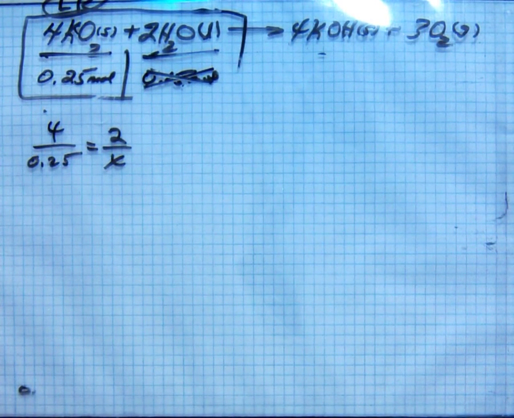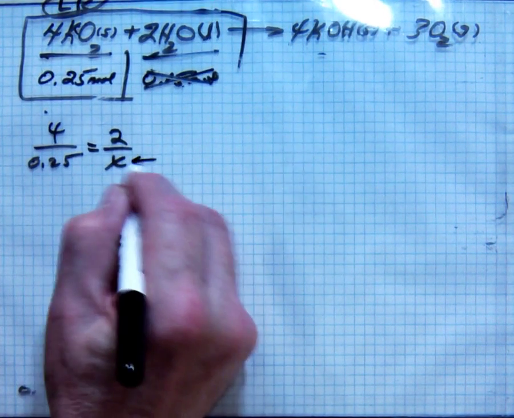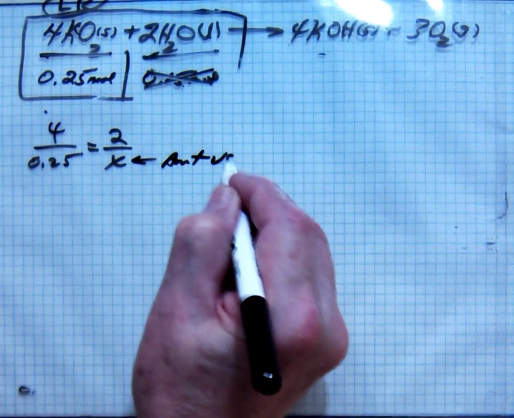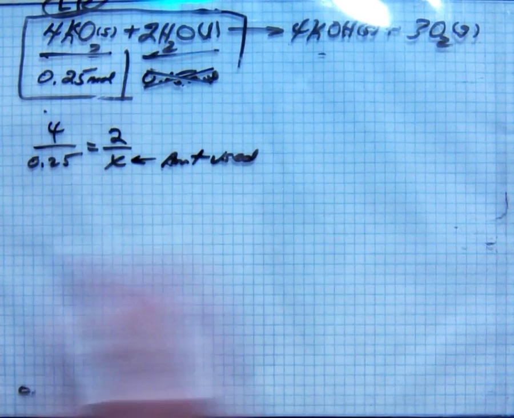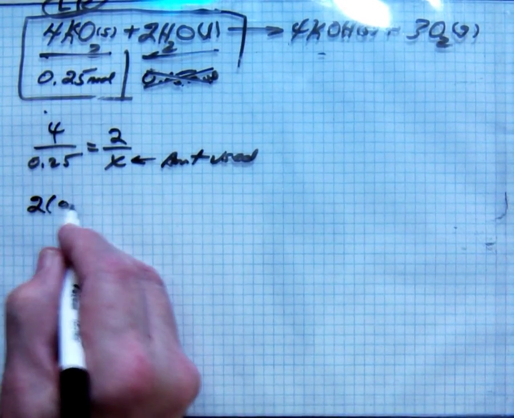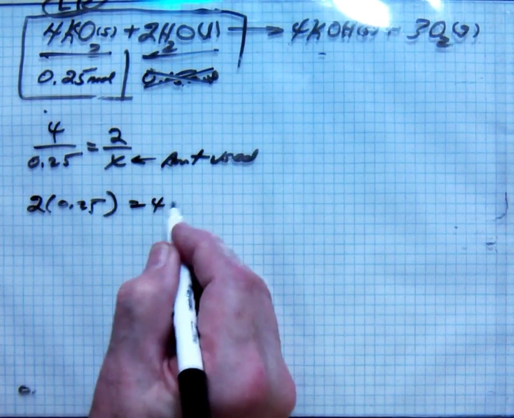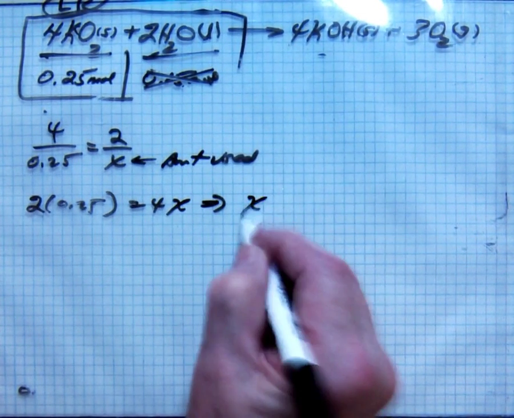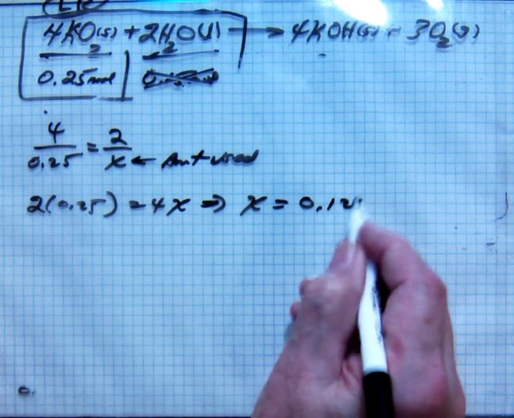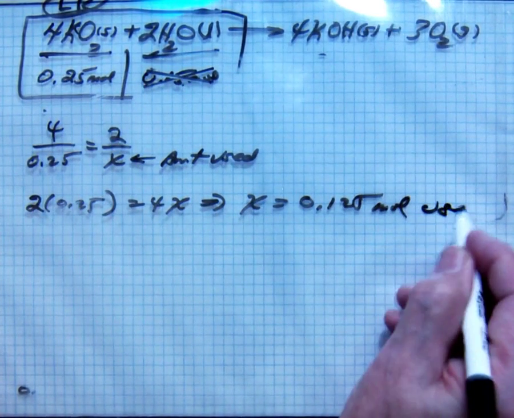That's what was used. Does that make sense? Yeah. Okay. So that was amount used. So we'll 2 times 0.25 equals 4x. That gives x to equal 0.125 mole used.